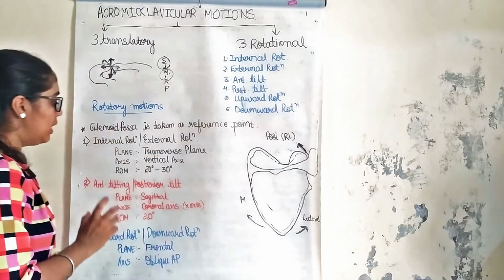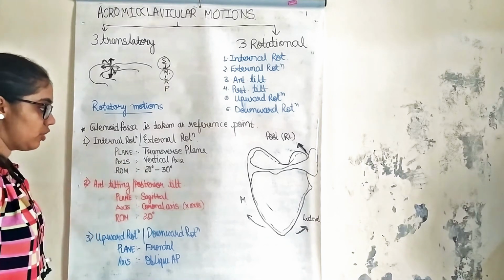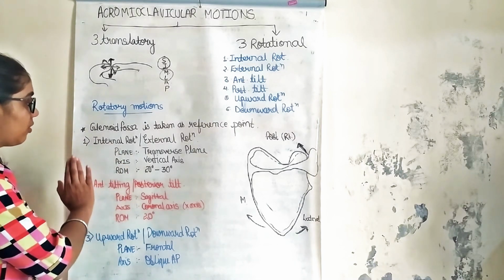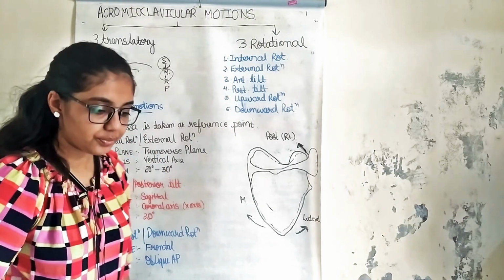Now, for every movement, three things are important: plane, axis, and range of motion. First of all, we will discuss internal rotation and external rotation.